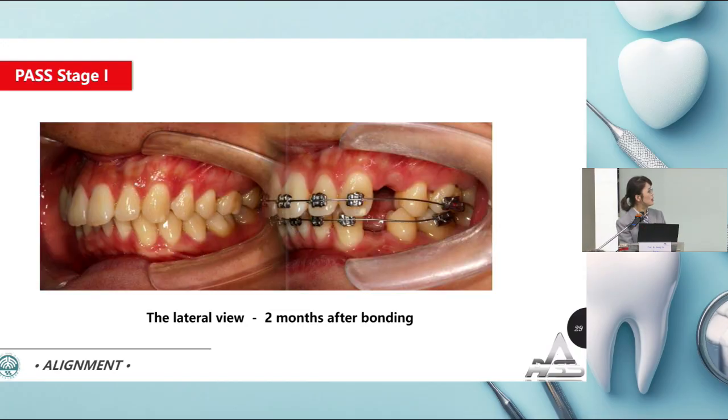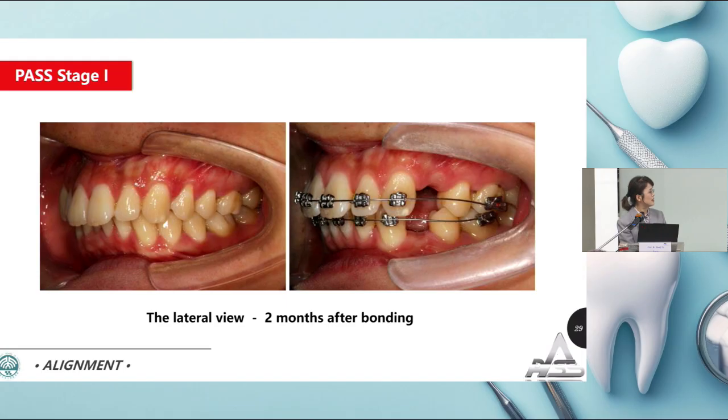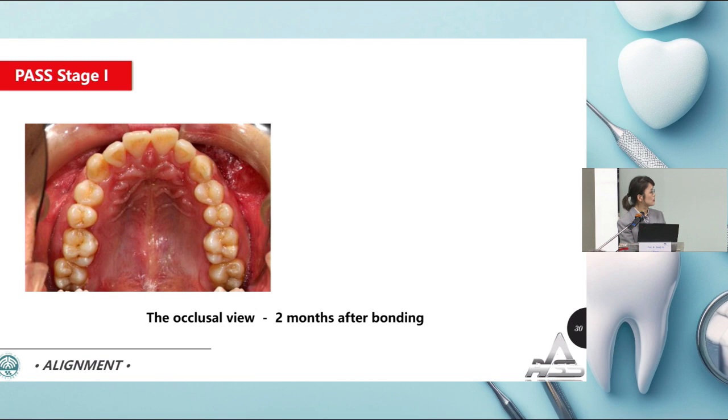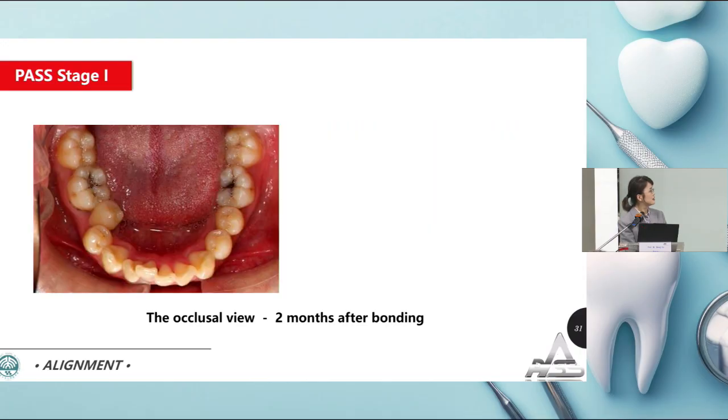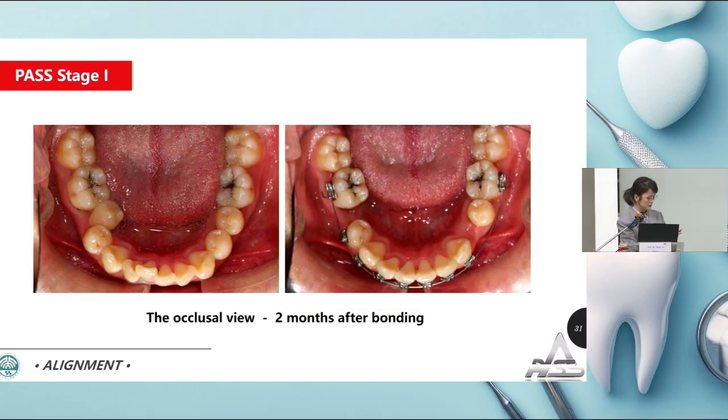On the left side, you can see the occlusal view 2 months after bonding. You can see the tip-back, the cinch back. Two months after bonding, you can see it is aligned well.